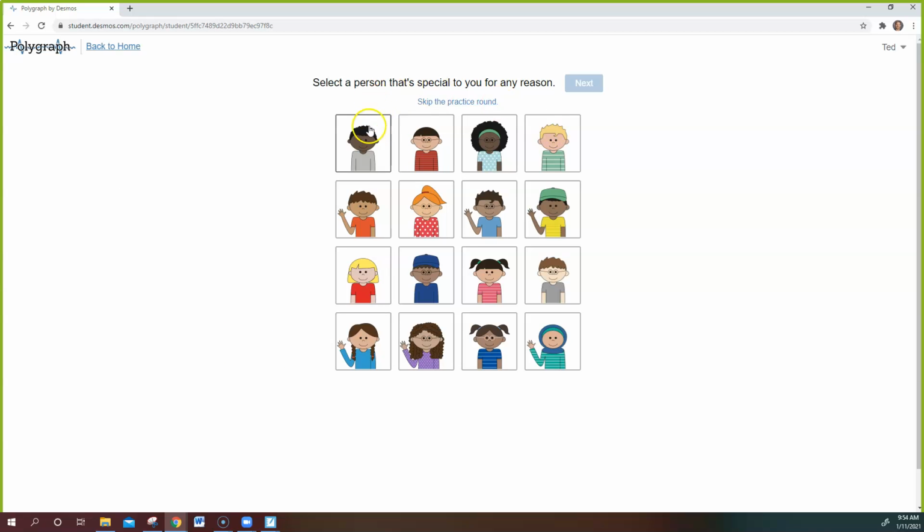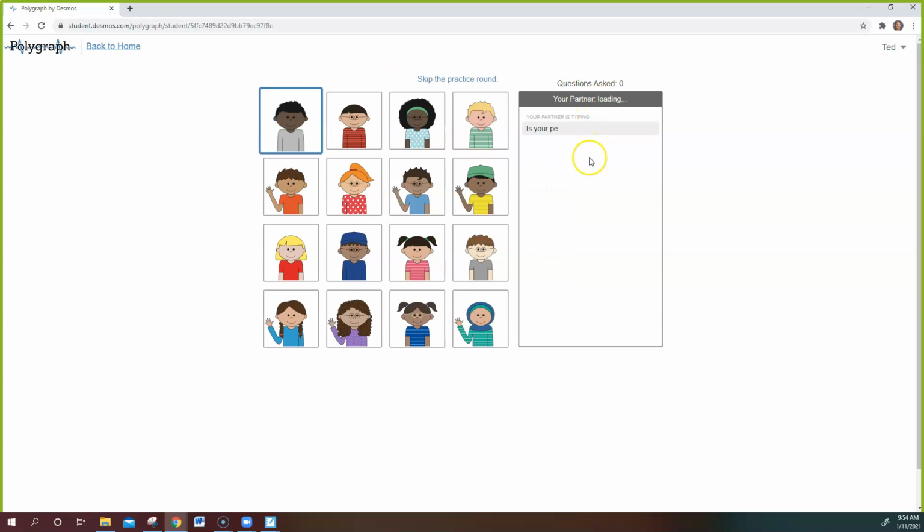All right, so anyway, select a person. So this is a practice round, and this is like, you guys ever play that game Guess Who, where you flip down the players and you could ask, okay, is your person wearing glasses? Or like here, it says, is your person wearing a long sleeve shirt? My person was.